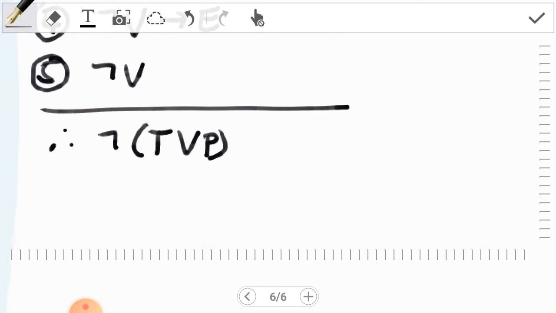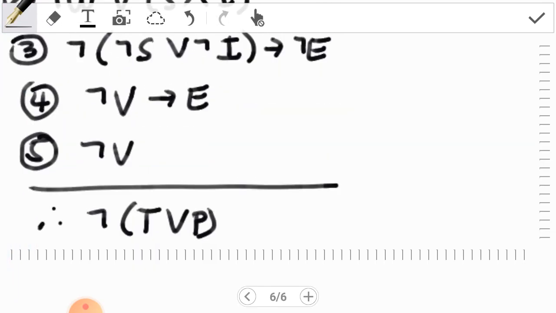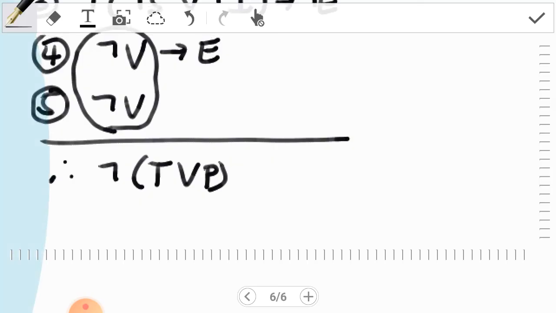So where can we start? Look at here. I think the last two premises are simpler compared to the others. This is an implication. We have the same propositions here, right? So we can have modus ponens for 4 and 5.